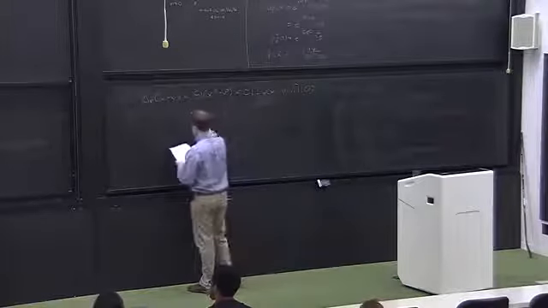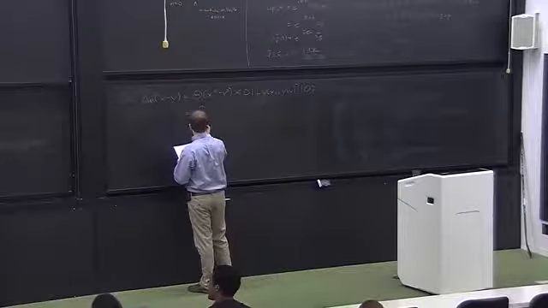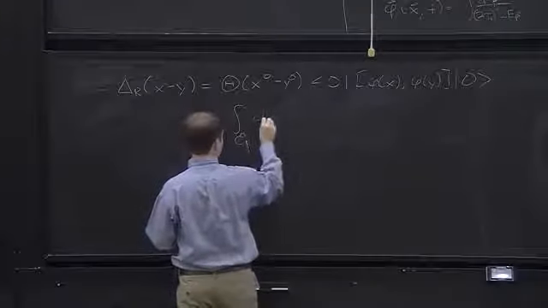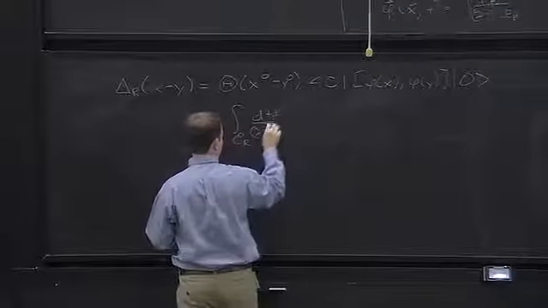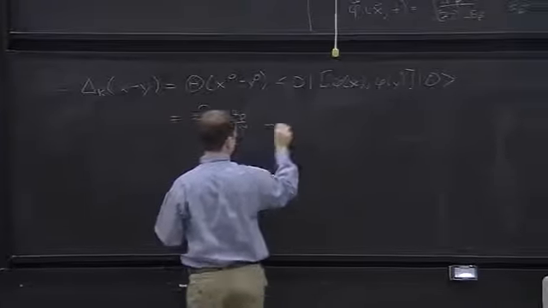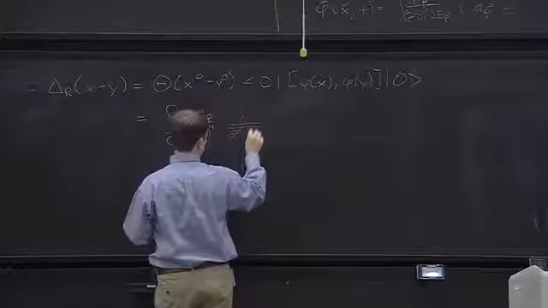And this is just equal to the integral over this contour d4p over 2 pi to the 4th, i over p squared minus m squared.